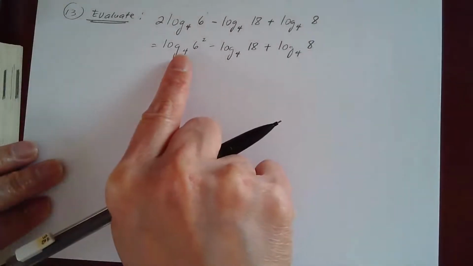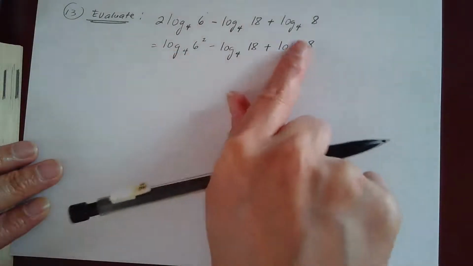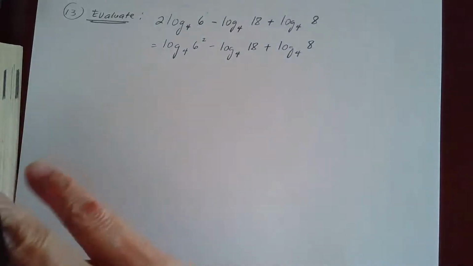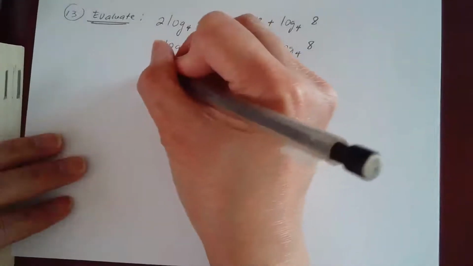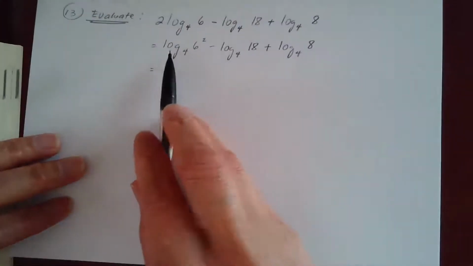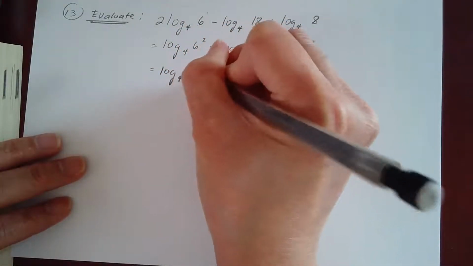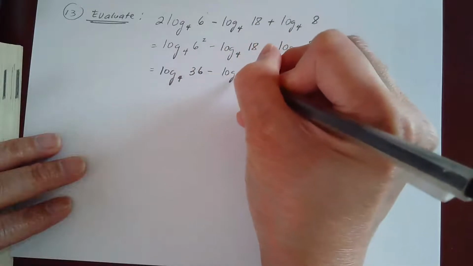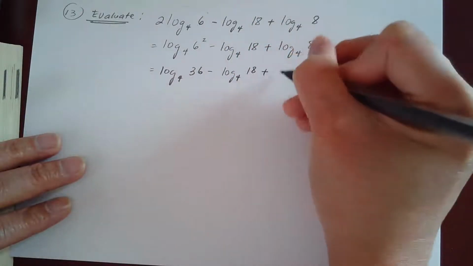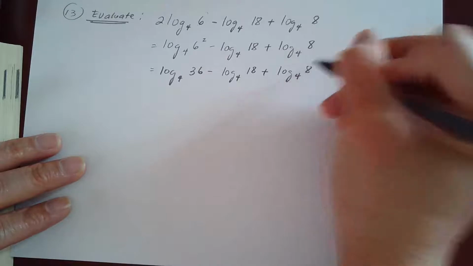So this is where we could probably combine it as one single logarithm and then figure it out. So log base 4 of 36 minus log base 4 of 18 plus log base 4 of 8.